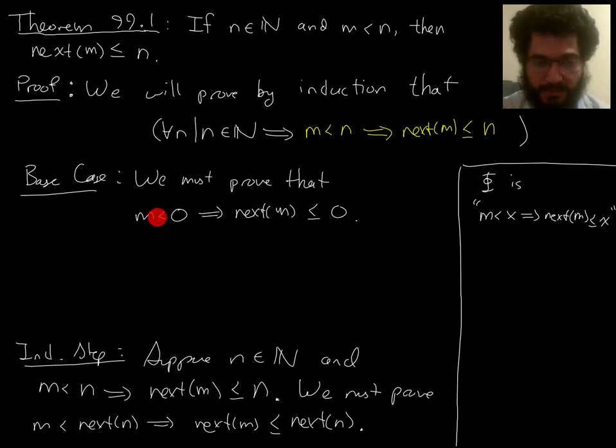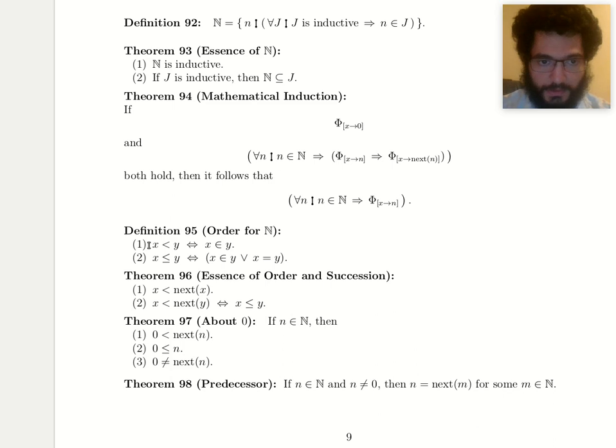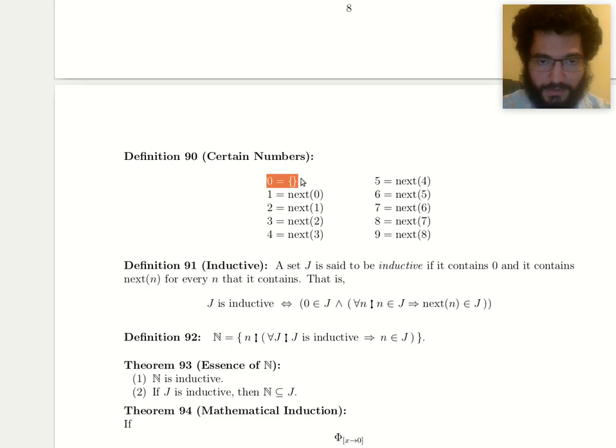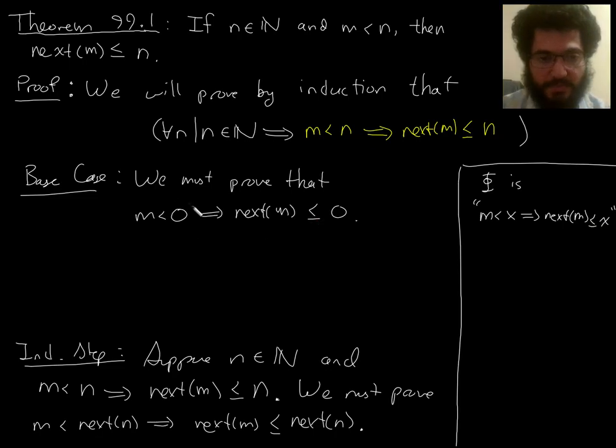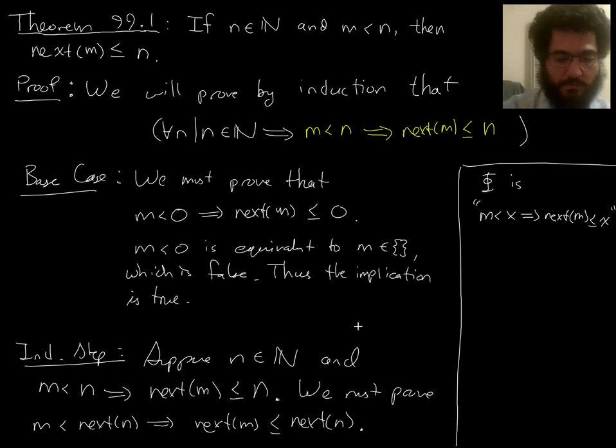One way to see that is, less than is actually membership, and 0 is the empty set. So because the empty set is empty, this is false, which makes the implication vacuously true. Okay, so I filled in that argument. M less than 0 is equivalent to m in the empty set, which is false, and so the implication is true.